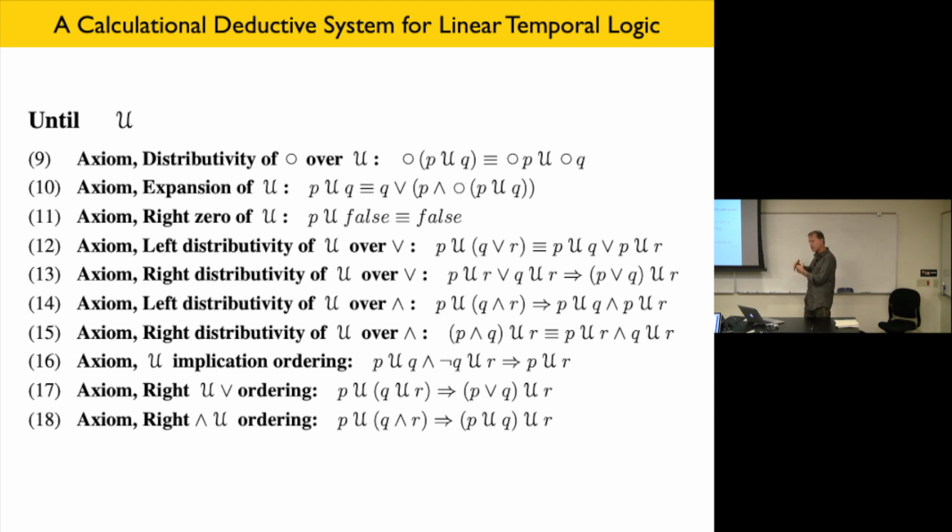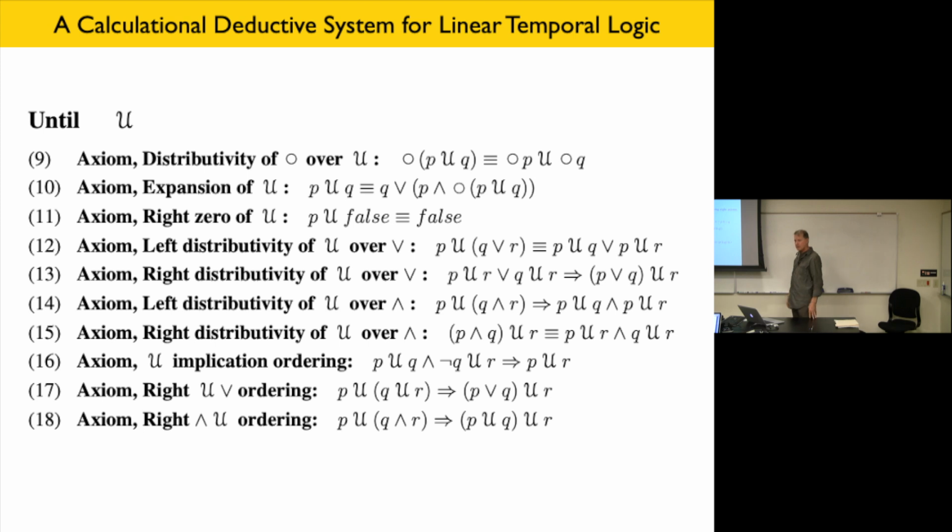Roughly speaking, from this point on, P has to be true at every state, now and in the future, until Q becomes true, at which point it doesn't matter what P is. So it's P until Q.